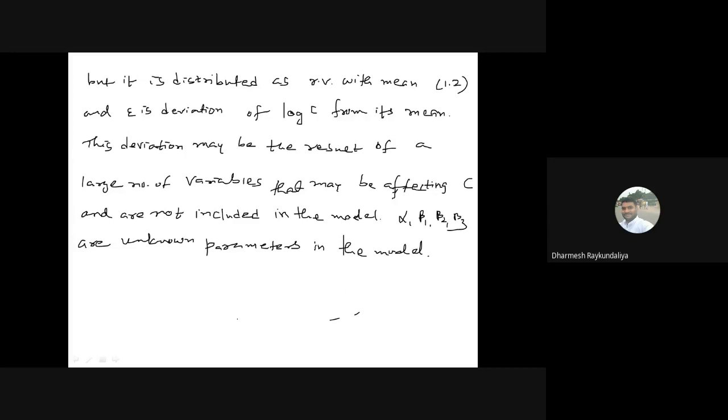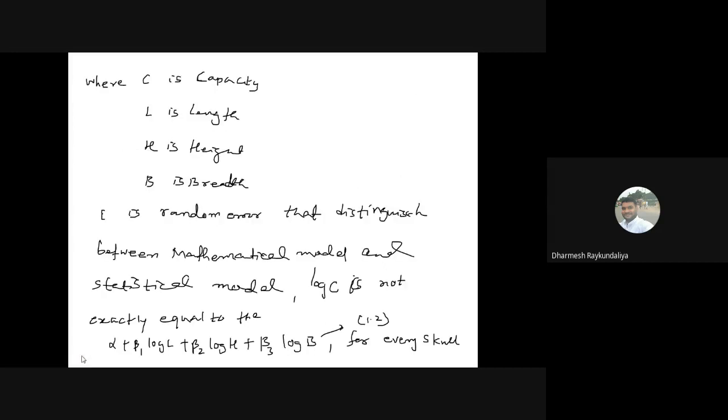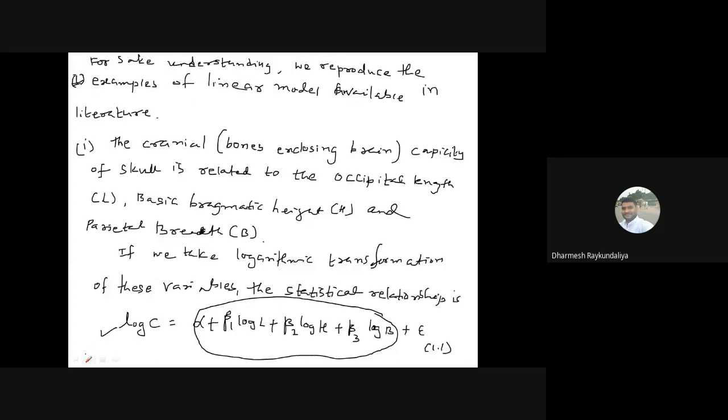So, what is the aim? A person who is working in the medical field comes to you with a query that I wish to identify the value of cranial capacity of a skull.